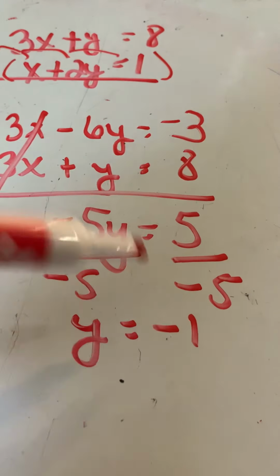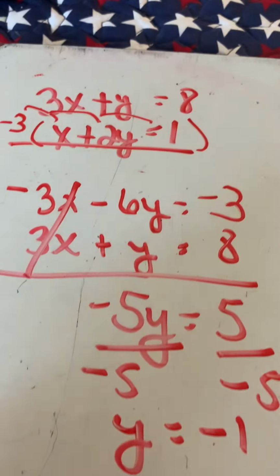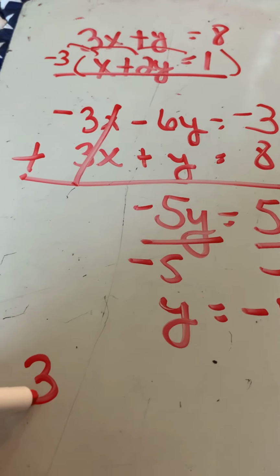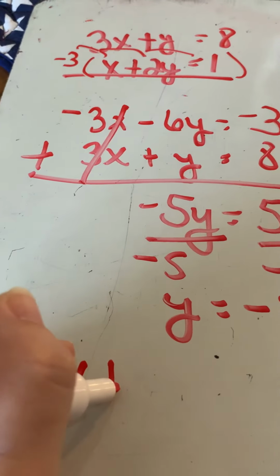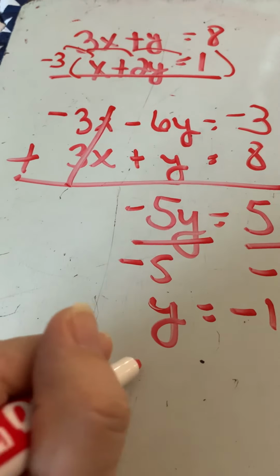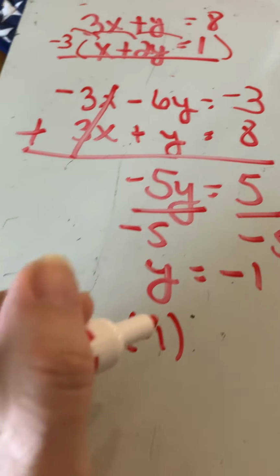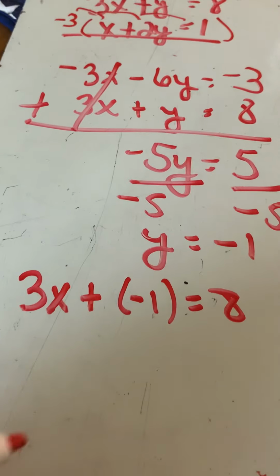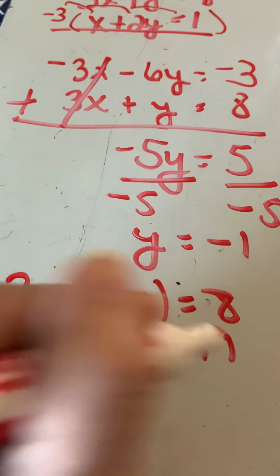Now I know the value of y, I'm going to plug it back into this equation up here. I have 3x plus a -1. I'm just going to go ahead and write it like that, equals 8. I'm going to add 1 to both sides.